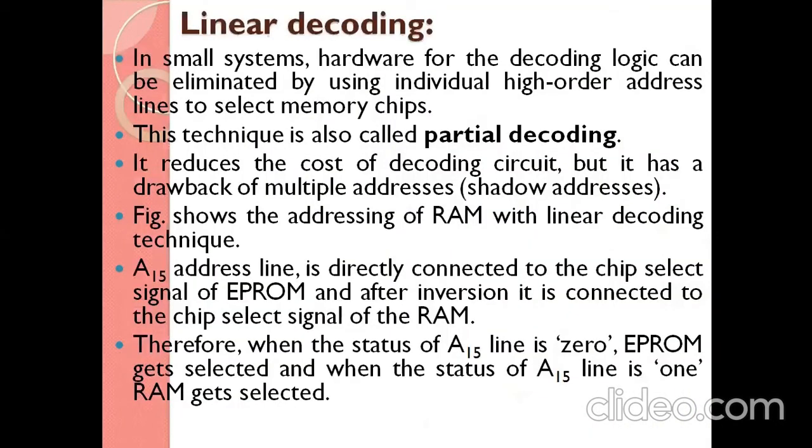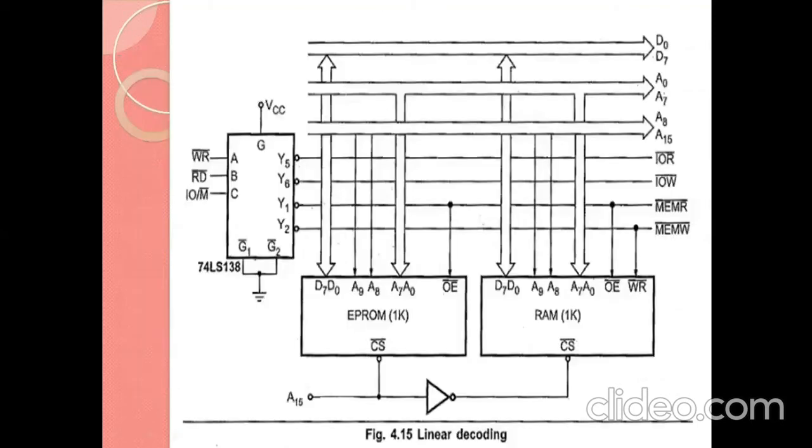Next one is linear decoding. In linear decoding, only a small number of address lines is used, so the decoding circuit is very simple and less complex. The cost of the decoder circuit is very low. If you see here, only the A15 line is used for selecting the memory.